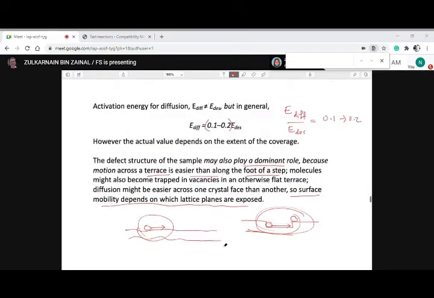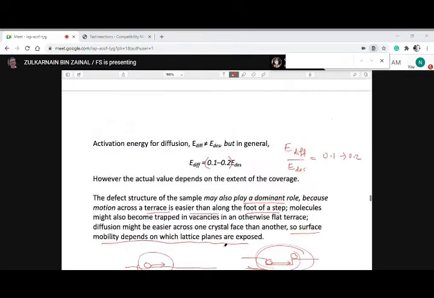The general rule is to have E diffusion over E desorption of between 0.1 and 0.2, right? This is the energy of desorption, and this is the energy of diffusion.